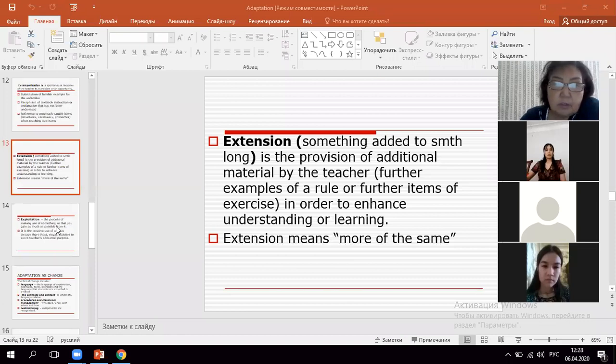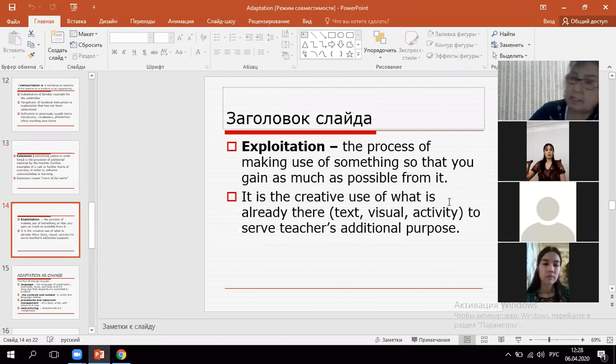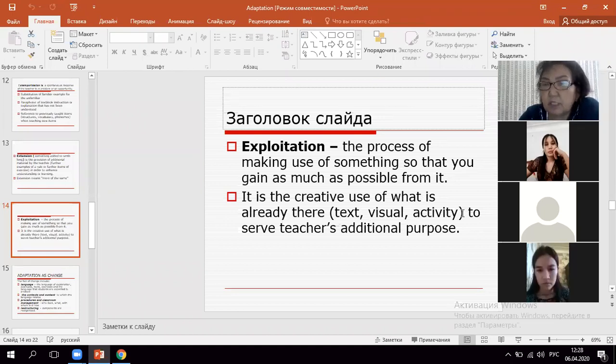The third technique, the third form of adaptation as addition, is exploitation. Exploitation is the process of making use of something so that you gain as much as possible from it. It is a creative use of what is already there: text, visual, activity, to serve the teacher's additional purposes.